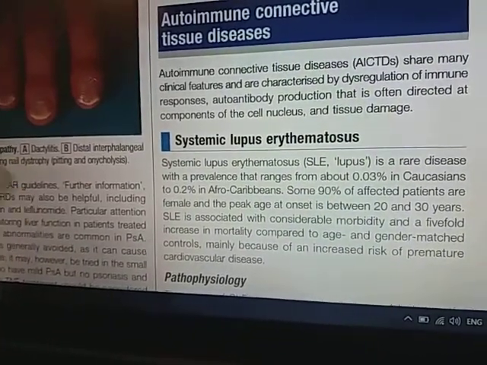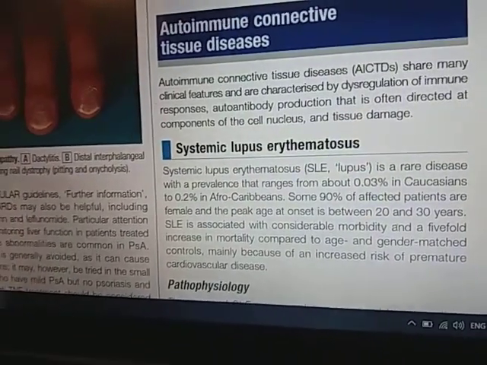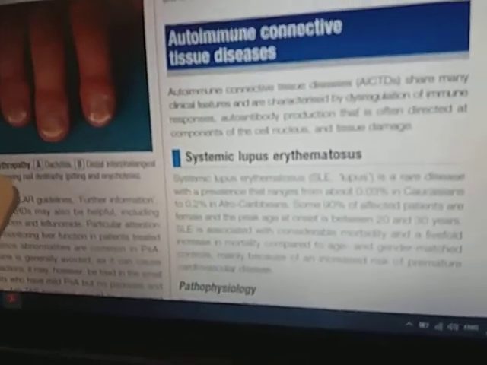Patients should be screened for ANA, anti-nuclear antibody. Also, patients should be investigated for anti-double-stranded DNA.